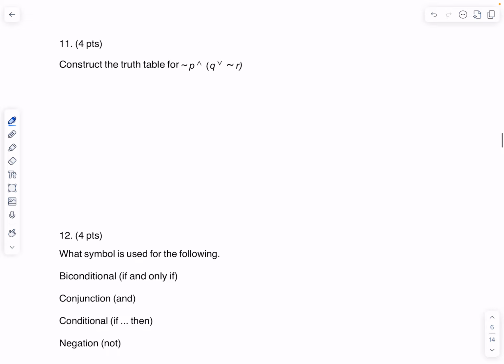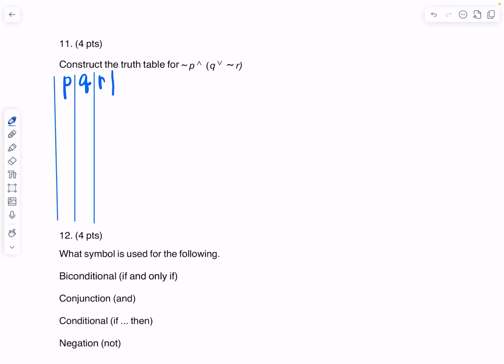Number 11, construct a truth table for negation P and, inside parentheses, Q or negation R. Okay, so I have this time around 3 letters, so I'm going to have 8 rows. So I have P, Q, and then R. Now I'm going to do negation of P, so I'm going to let that be a column.